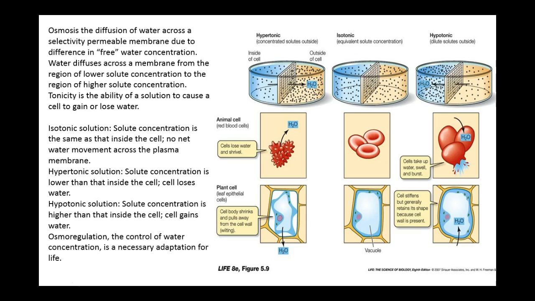So what happens is you're going to end up with more water in one area than another. And the reason that takes place is because there needs to be an equilibrium in the amount of solutes, not the water. The water is what actually can pass through the membrane.